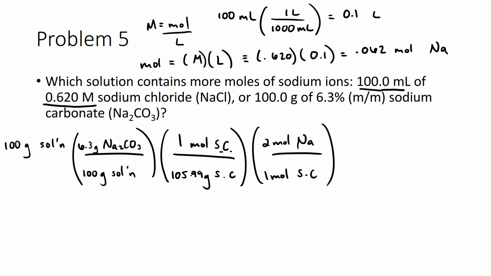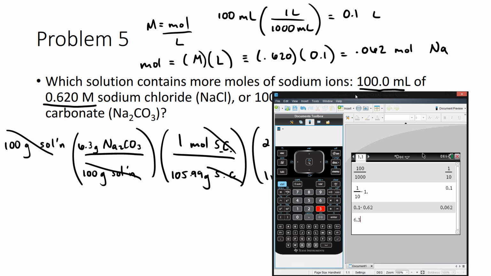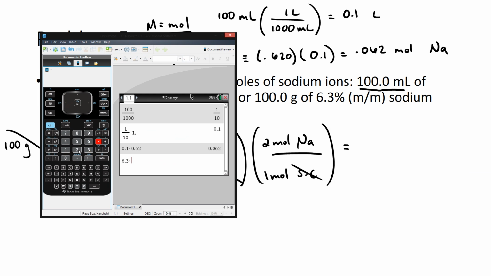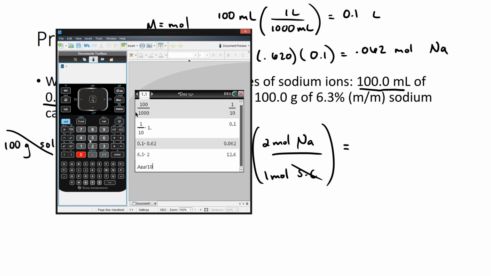So from here, the 100 grams of the solution will cancel with the 100 grams of the solution. Grams of sodium carbonate will cancel here. Moles of sodium carbonate will cancel here, and our final answer will be left in moles of sodium. So we'll do 6.3 times 1 times 2 divided by 105.99.